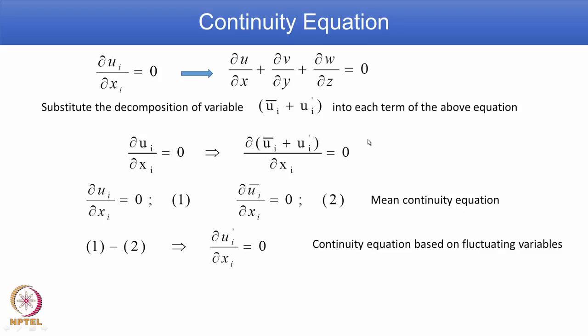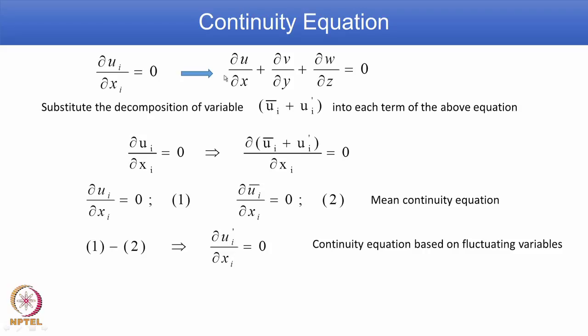So, what we have done in this slide is write a generic continuity equation in very expanded form, then write the continuity equation in index form. When we use the continuity equation for turbulent flow, we interpret u as an instantaneous quantity. We apply the decomposition for the instantaneous quantity as the summation of mean plus deviation.